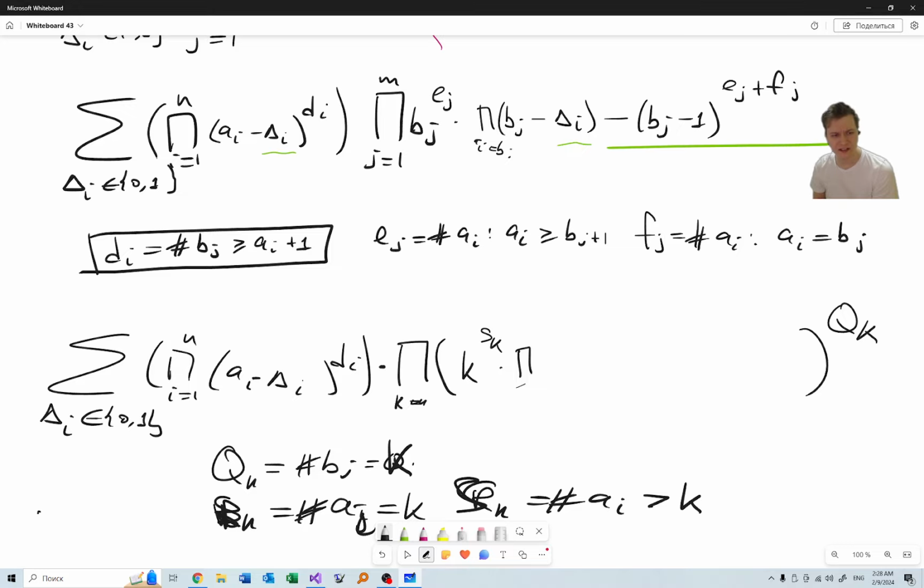Let's call R_k the set of all i such that a_i equals k. Then here we have i in R_k. Here we have (b_j minus delta_i minus (b_j minus 1)) to the power r_k plus s_k.